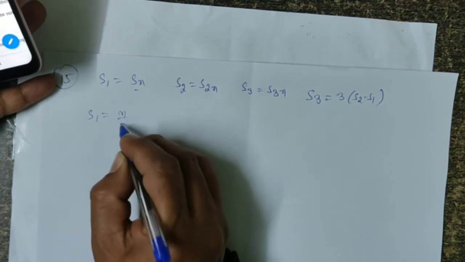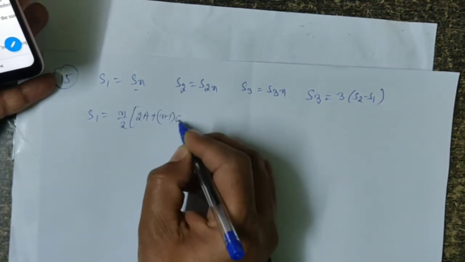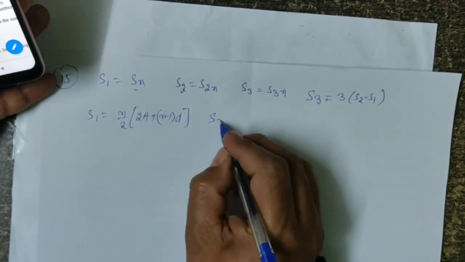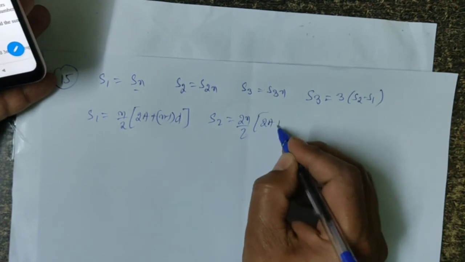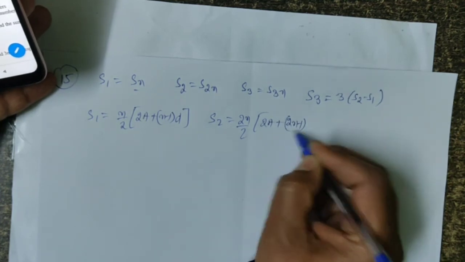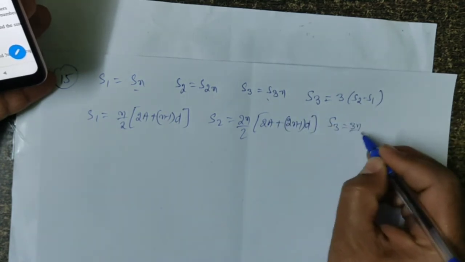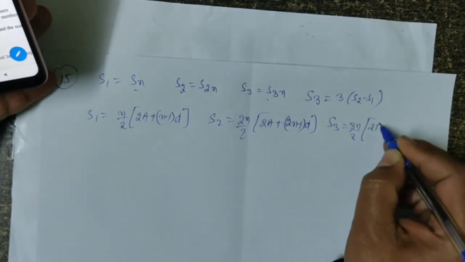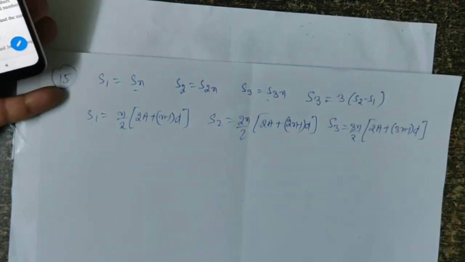Now first of all we shall write what is S1. S1 is n by 2, 2a plus n minus 1 into d. This is the most important question. S2 is 2n by 2, 2a plus 2n minus 1 into d. And what is S3? It is 3n by 2, 2a plus 3n minus 1 into d.